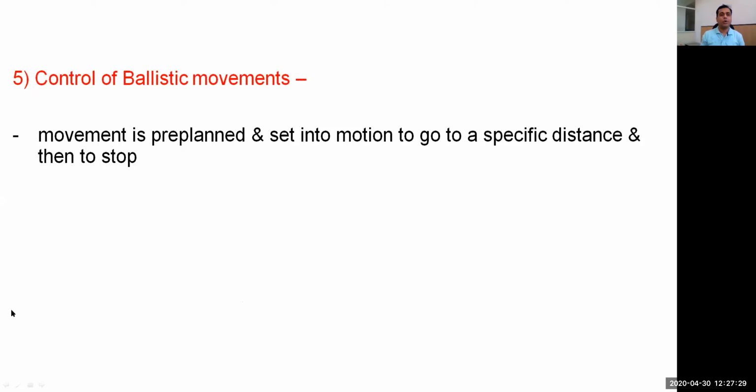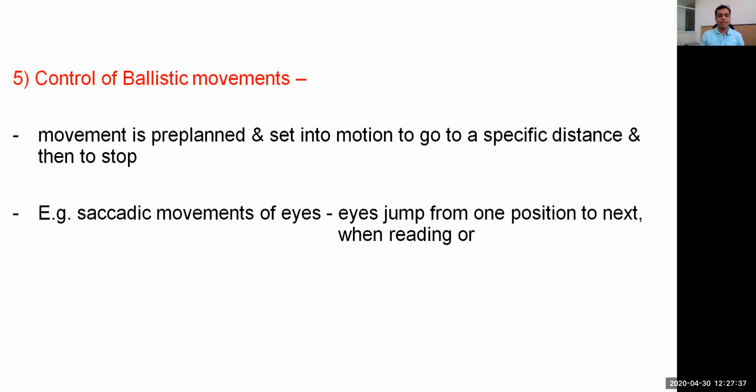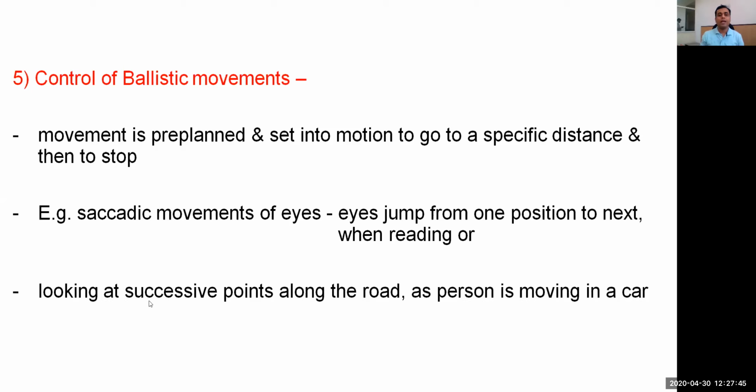Next function is control of ballistic movements. Movement is pre-planned and set into motion to go to a specific distance and then to stop. For example, saccadic movements of the eyes. Eyes jump from one position to the next when reading a book or looking at successive points along the road as the person is moving in a fast moving car.